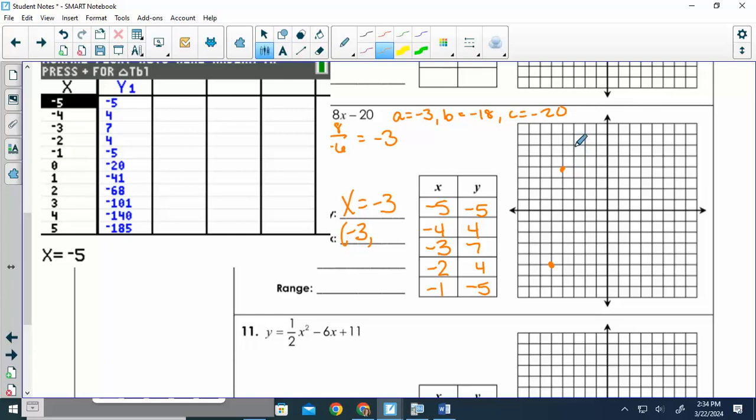Left 3, up 7. Is this one opening up or down? Down. And we should have known that at the beginning because my A was negative. Kind of missed my points there.